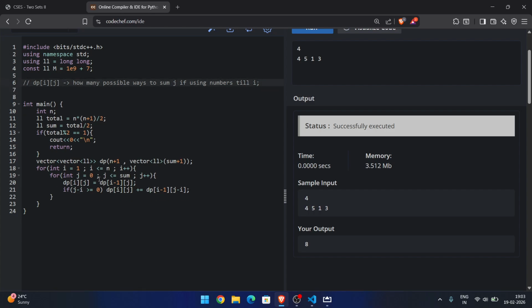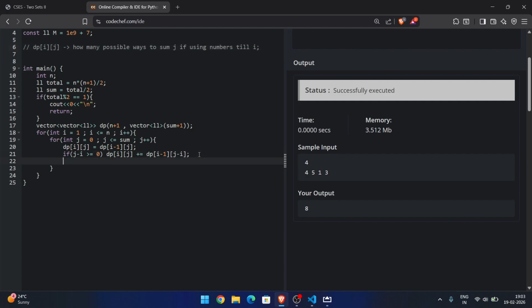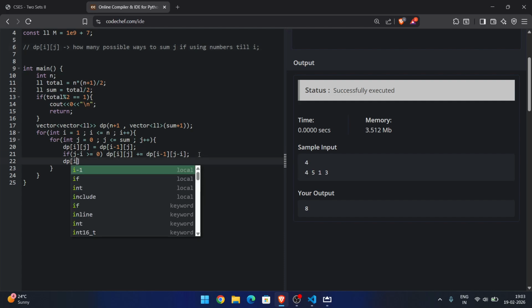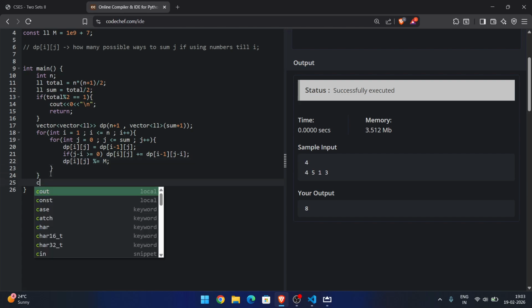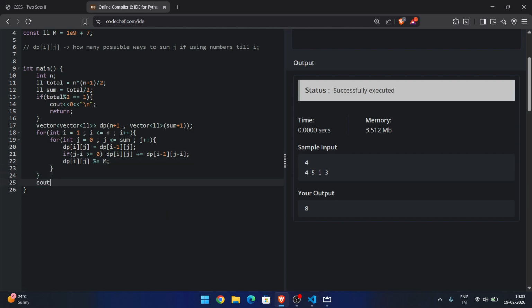Okay, so we will add both the ways. We will do a modulo, and at last our answer will be dp of n comma sum. Okay, so that is our answer.